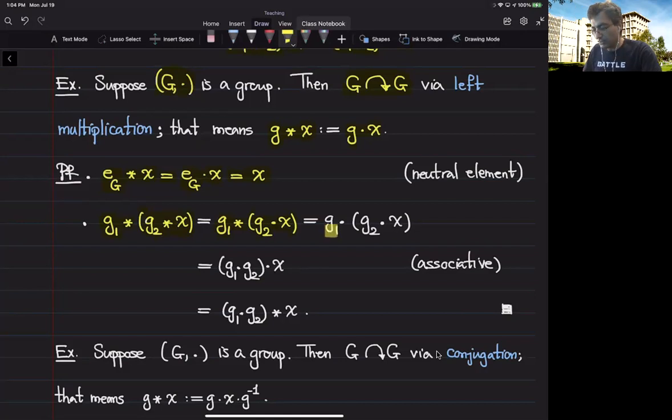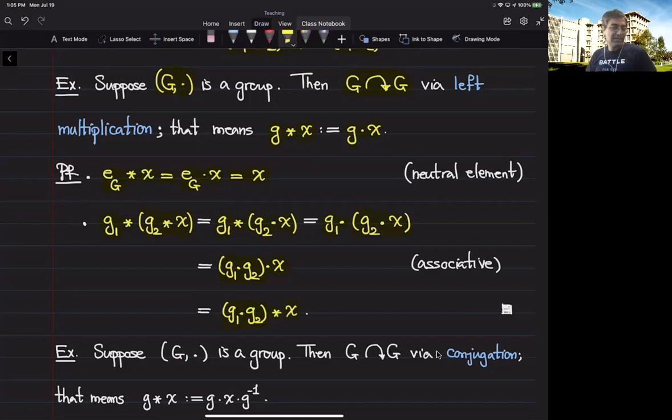I simply need to multiply G2 dot X from the left by G1. Now I can use associativity because both of these dots are multiplication in the group G, and I know that this operation is associative. That means I can reorder the parentheses, and I get that it is G1 dot G2 multiplied by X. That's the definition of the action of G1 dot G2 on the point X, and we get the desired equality of group actions.